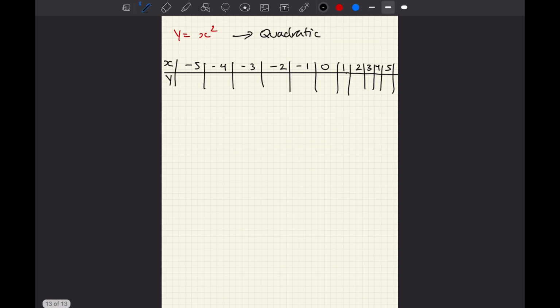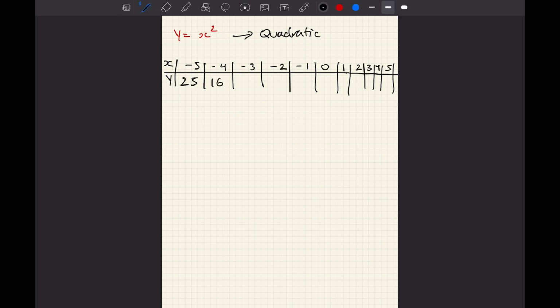Now, when x equals -5, y equals 25. Now, why do two negative numbers form a positive number? Well, -5 times -5, which is the same as -5 squared, is positive 25. So two negative numbers will always produce a positive number.